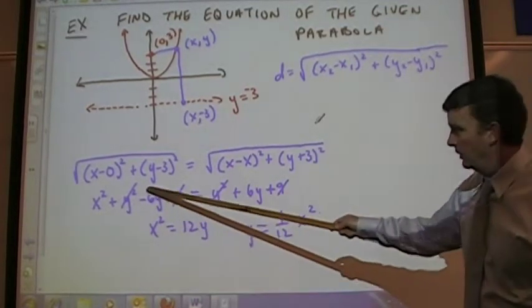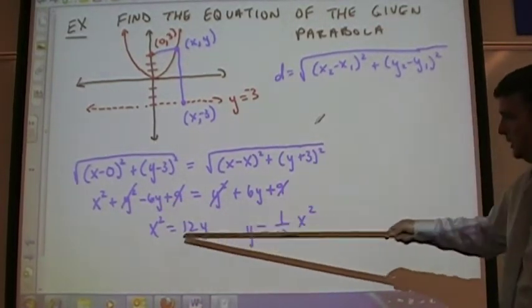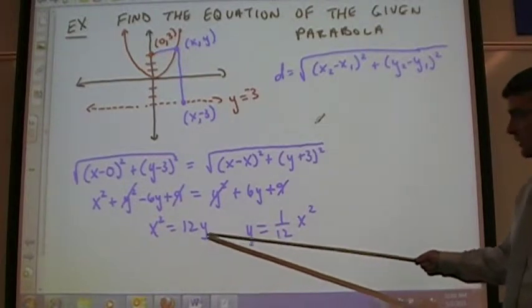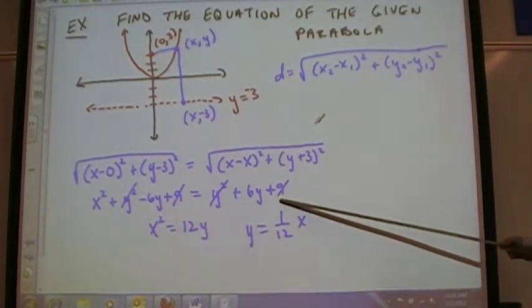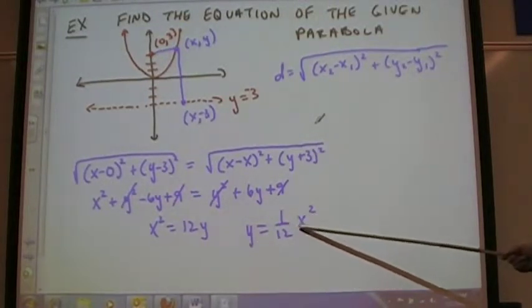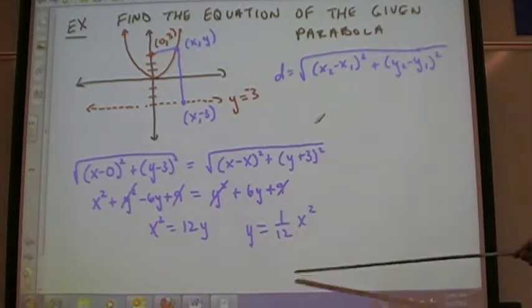And then I brought the 6y over to this side to get x squared equals 12y. And we want to solve for the variable that's not being squared, so I divide both sides by 12. Here's your answer. y equals 1/12 x squared. You could put x squared over 12 if you want to, but standard form puts a fraction in front of x, so that's why it's 1/12 x squared.